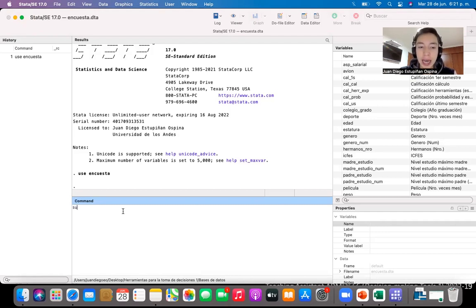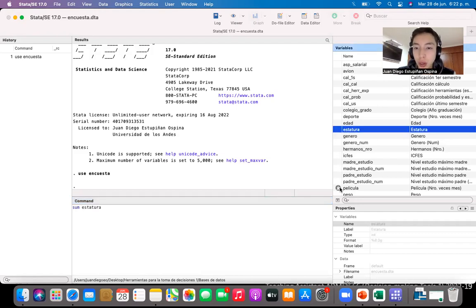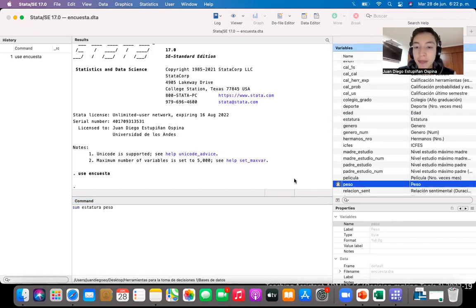So first, we could, for example, use the command summarize. You also can write only sum as an abbreviation of the command summarize. It will present the same information. And we're going to choose the height and the weight.